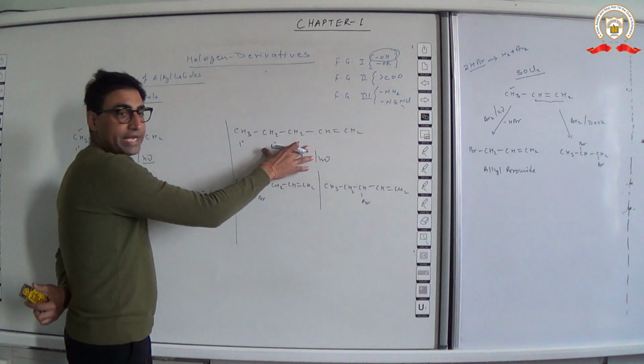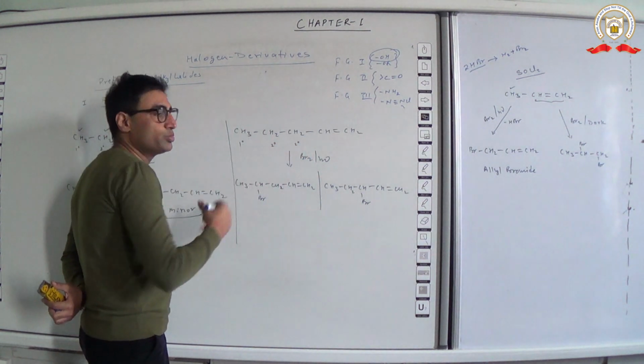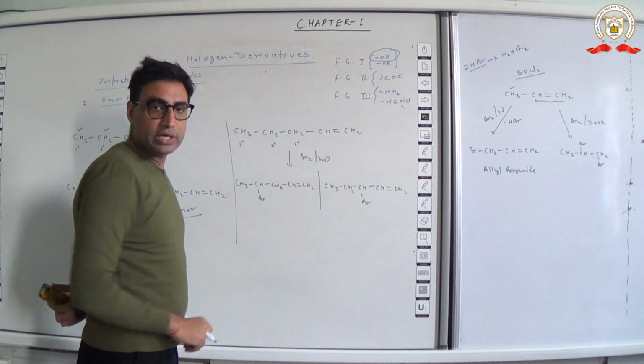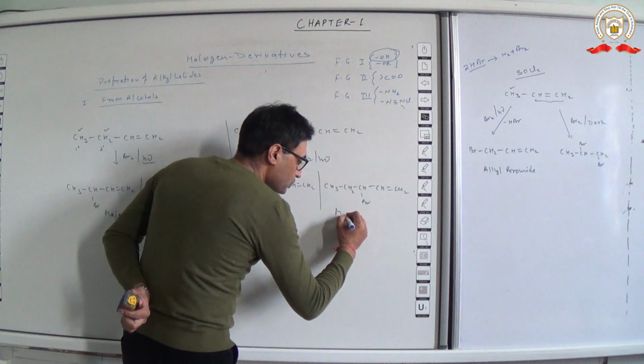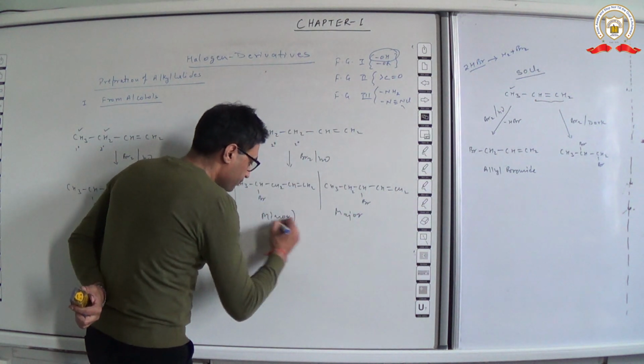See, both of them are 2 degree. The question comes to our mind: if both are 2 degree, which one is more reactive? Where will the Br go? Which one will be the major product? In this case, this will be the major product, and this is the minor product.